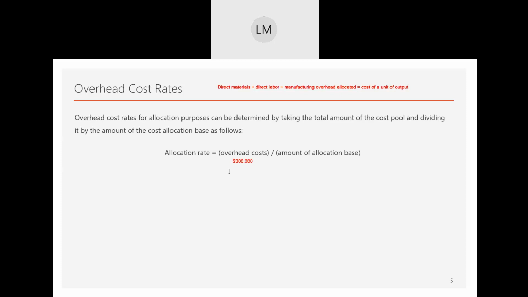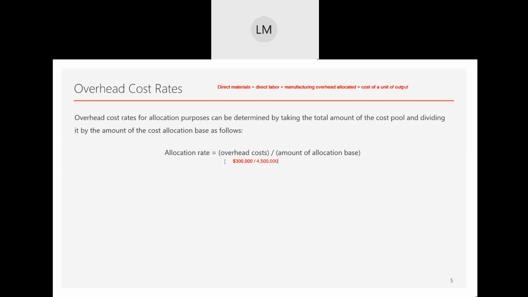And because my department, my job, my plant is highly automated, a lot of machining, I'm going to assume that my allocation base, because it's not labor intensive but more machine intensive, is the amount of machine hours. So how many machine hours do I expect to use next year? Based on my projections, I might use 4,500,000 machine hours.